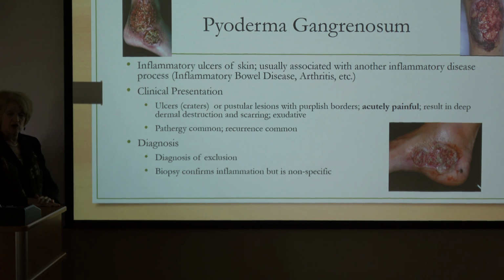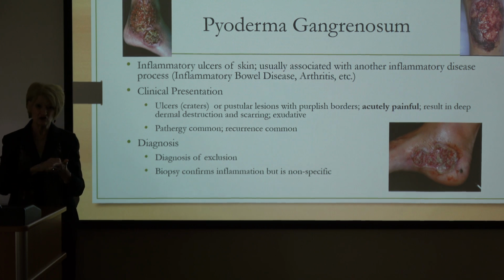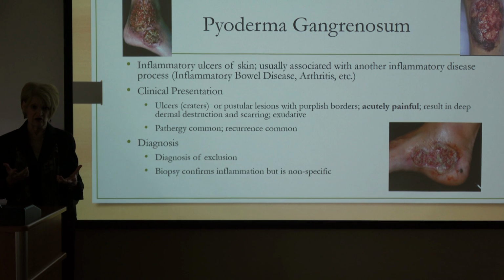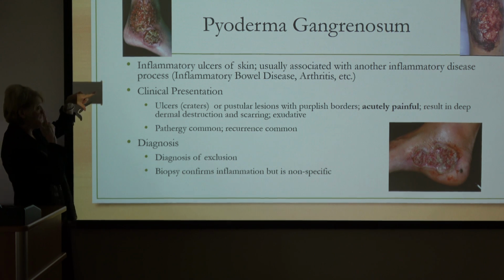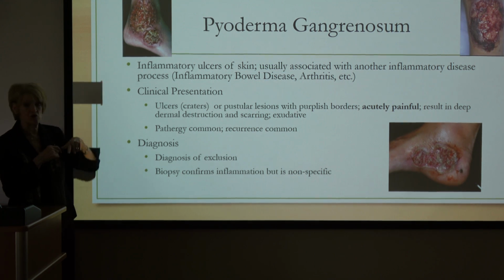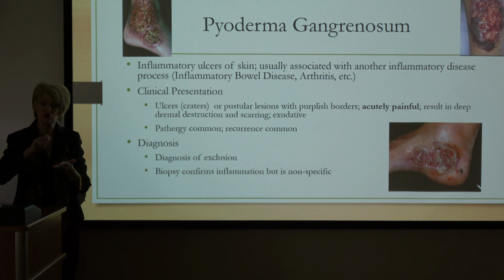Two things that are significant with pyoderma: pathergy and recurrence. What is pathergy? Pathergy means that minor trauma triggers a major flare. So an example would be, what if I came in and I took a scalpel or a curette to remove that slough from the wound surface?